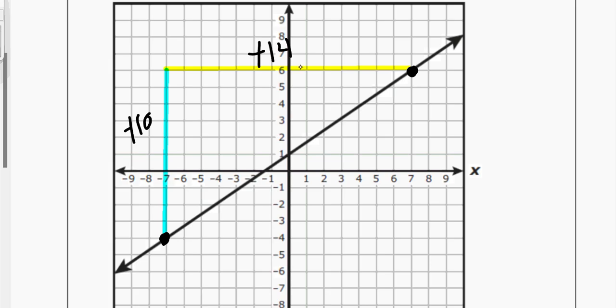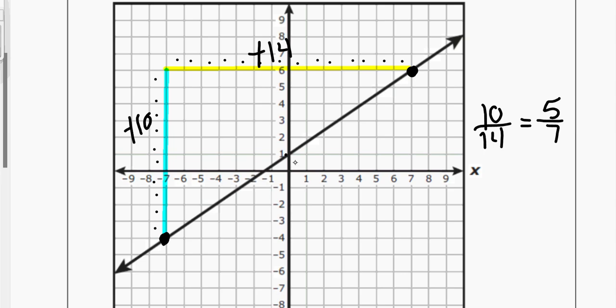I can also count the dots and count my scale here to see that I increased by 10 and I increased by 14. Just make sure you pay attention to what your x and y axis are counting by. So my slope is 10 over 14, which would also be 5 over 7.